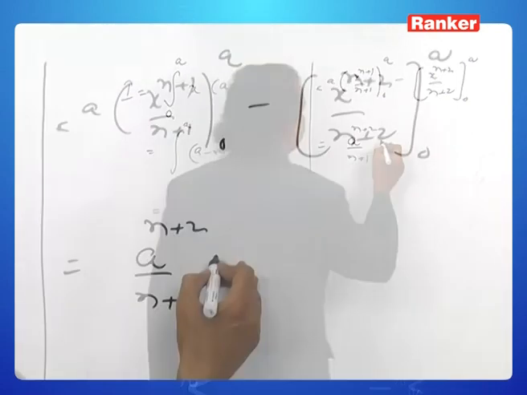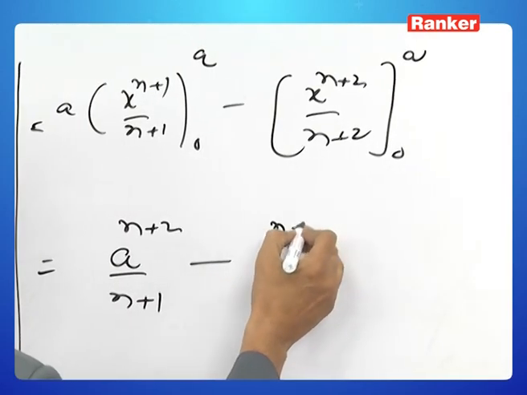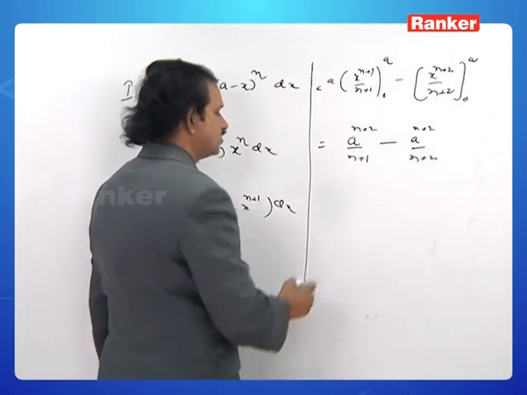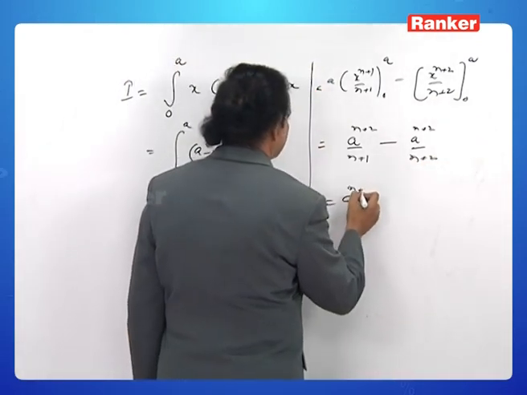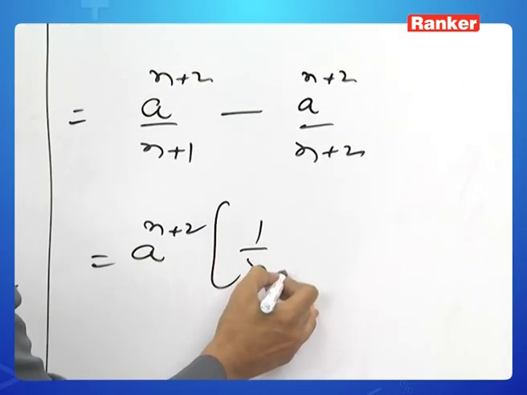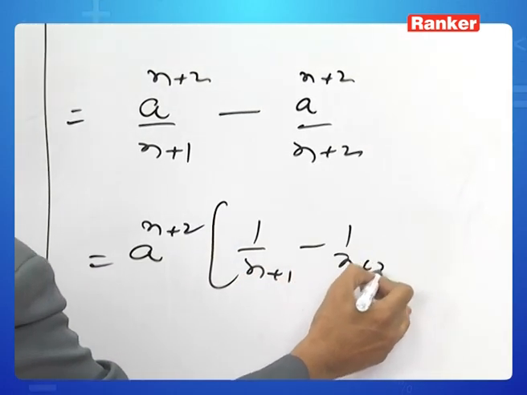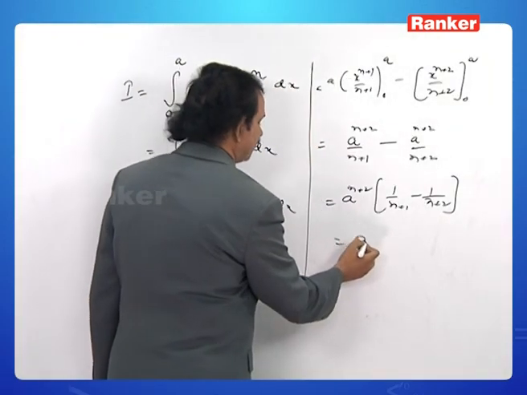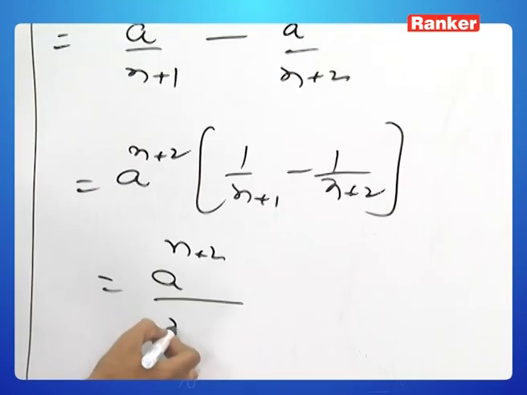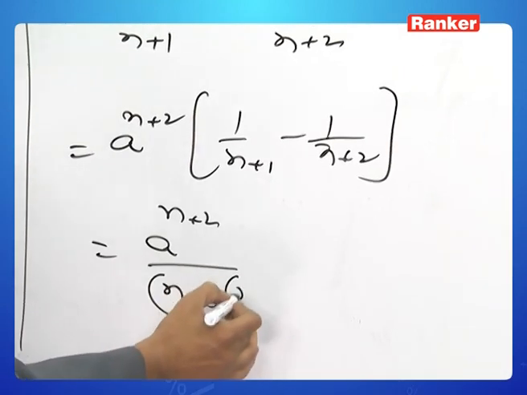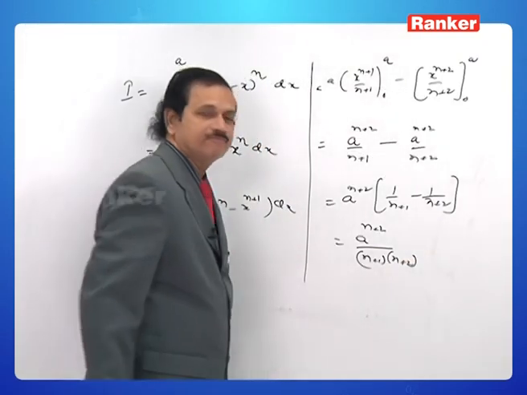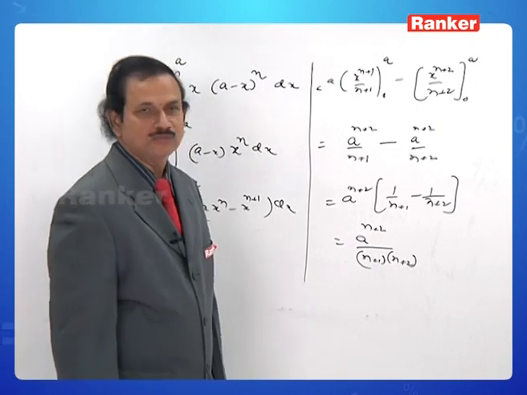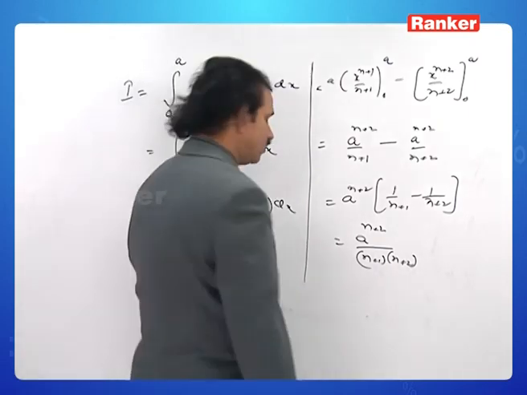What about the next part, that is a power n plus 2 by n plus 2? You pull a power n plus 2 out, a power n plus 2 into 1 by n plus 1 minus 1 by n plus 2, which is nothing but a power n plus 2 by n plus 1 into n plus 2. Am I correct? N plus 2 minus n plus 1 is just 1, so it is 1 by n plus 1 into n plus 2. So it is a famous answer, beautiful answer.